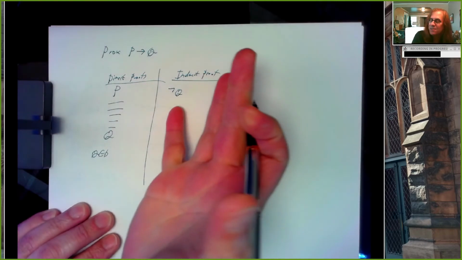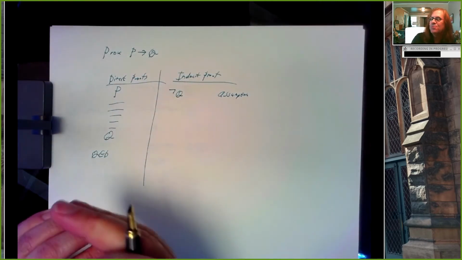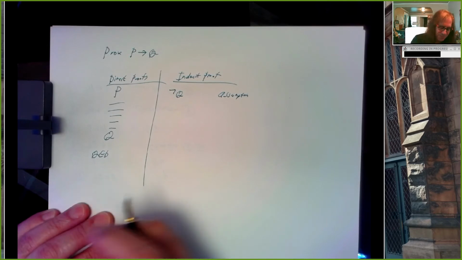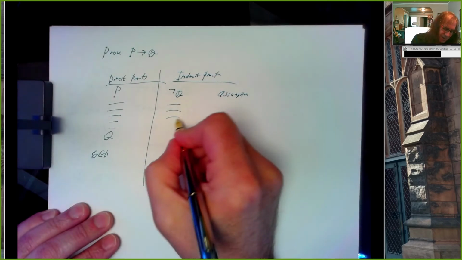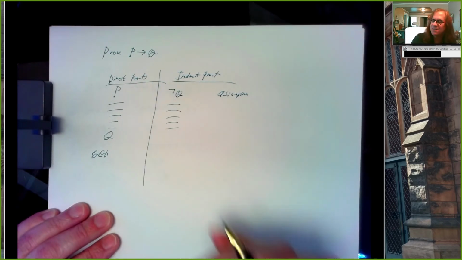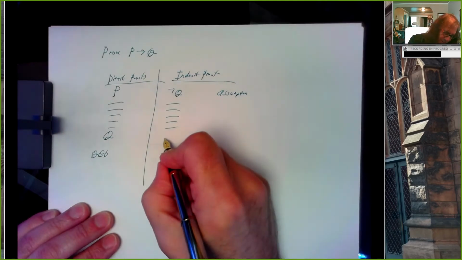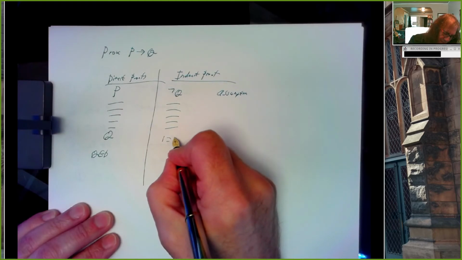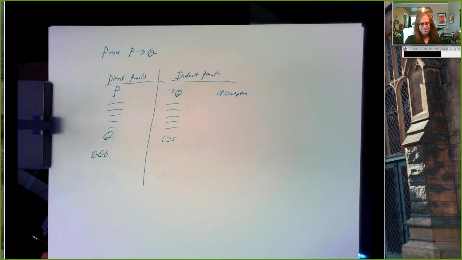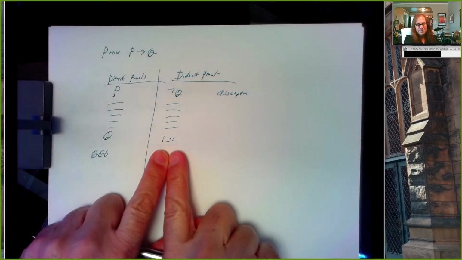I don't know if this is a valid statement or not, but I'm just assuming, suppose not Q is true. And I'm going to find things that follow from that. And suppose I come up with a conclusion that 1 is equal to 5, or some kind of absurd conclusion here.